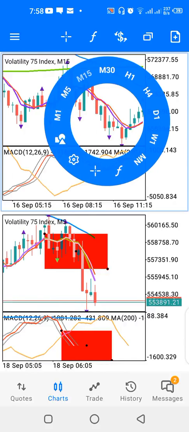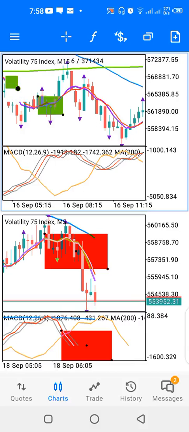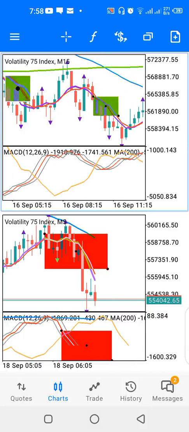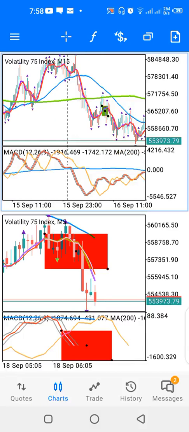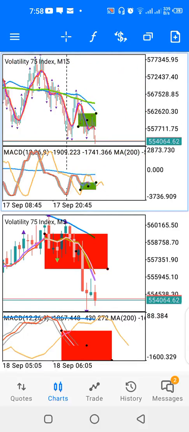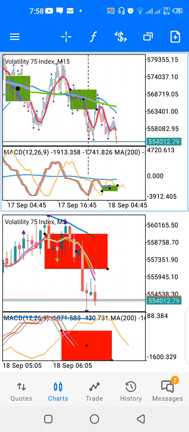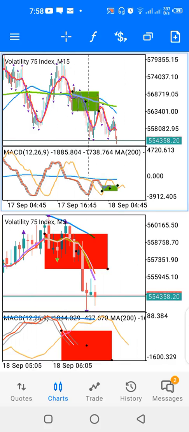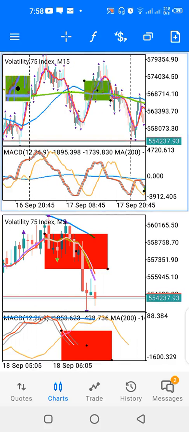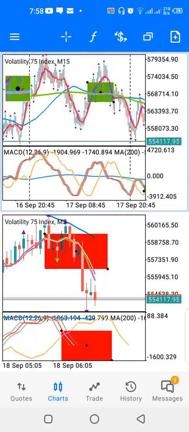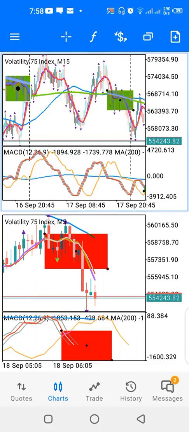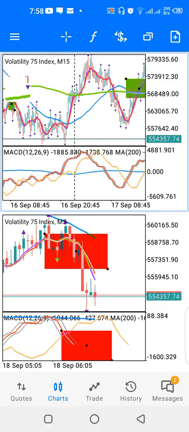This particular line, when it crosses down, like you have a cross down here, that's when to sell. When it crosses down the blue and the green lines, that's when you have your sell signal. When it crosses up, that's where you have your buy signal.